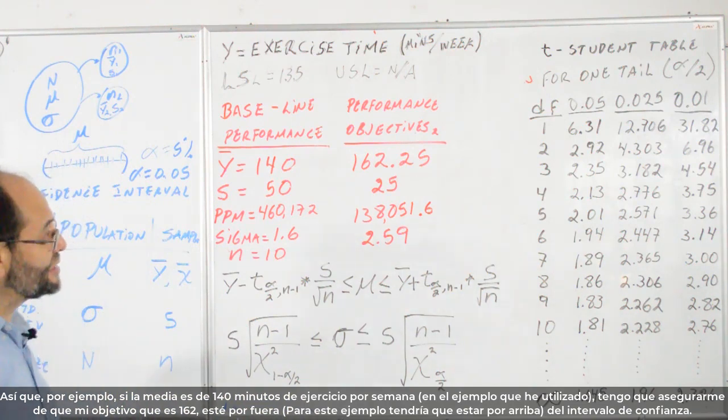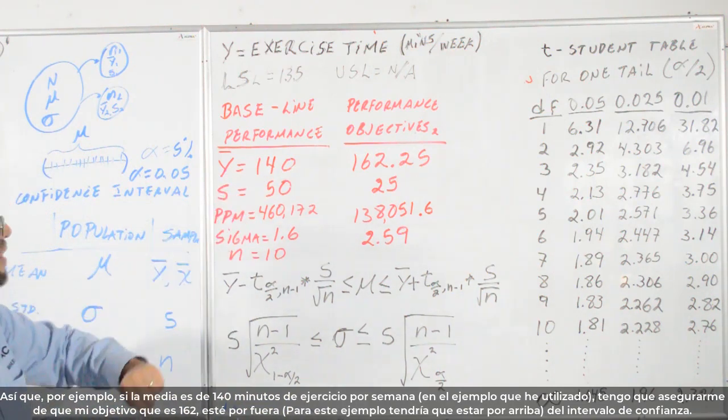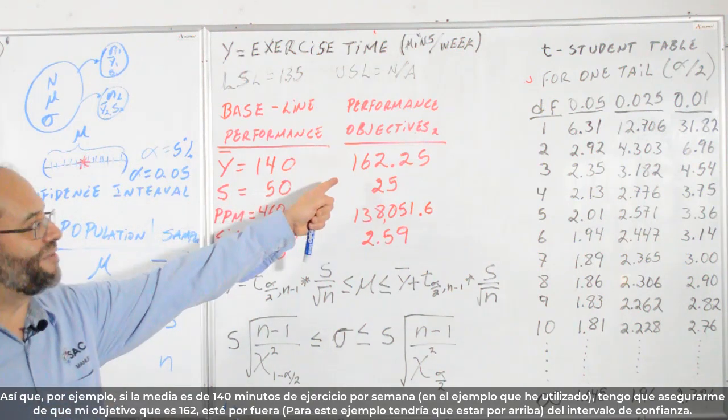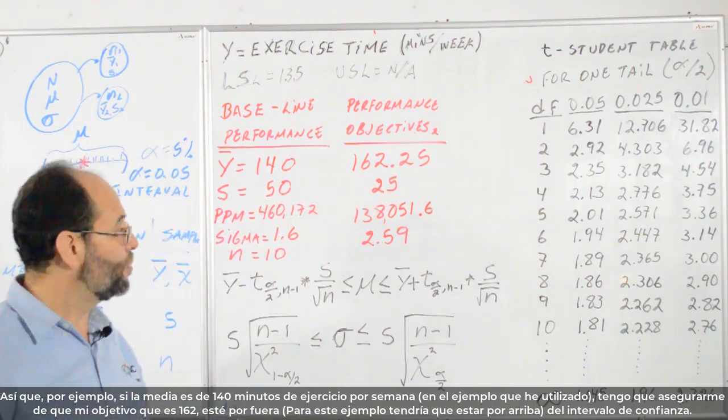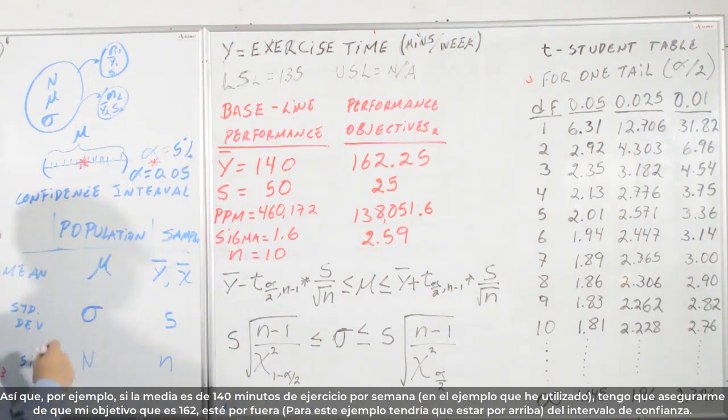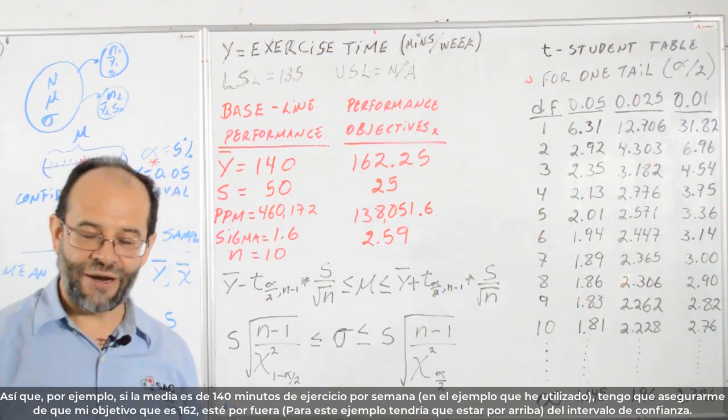So, for instance, if my mean is 140 minutes of exercise per week, in the example that I have given, I have to make sure that my objective, 162, is outside the confidence interval, and for this example it would be above it.